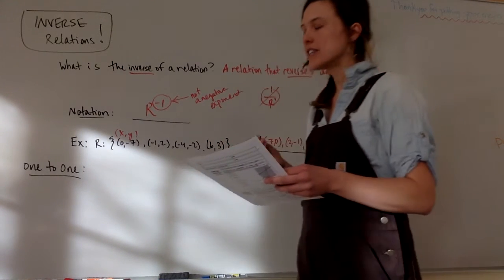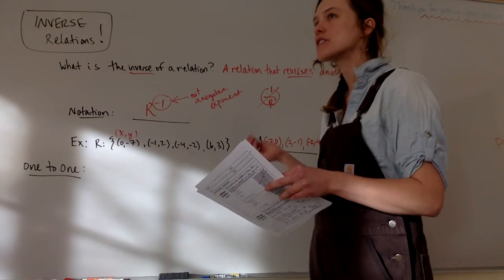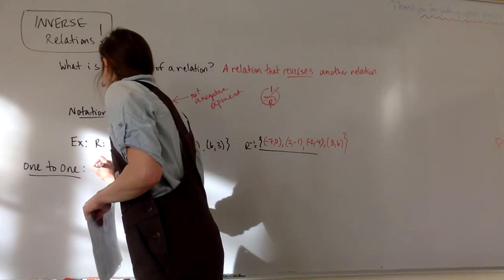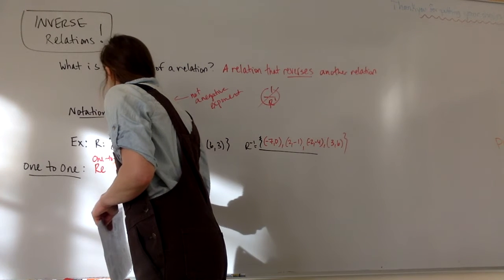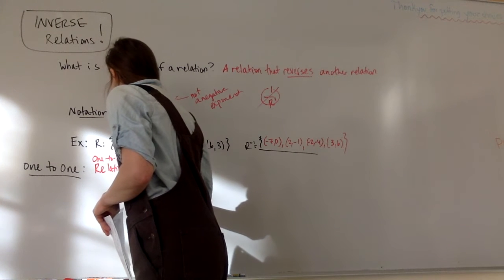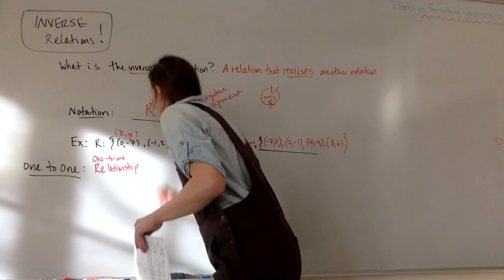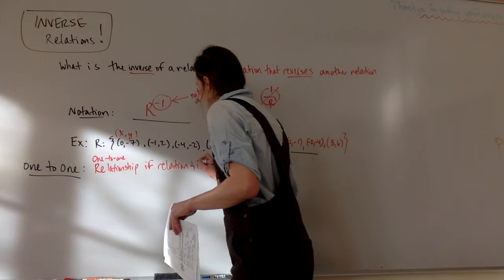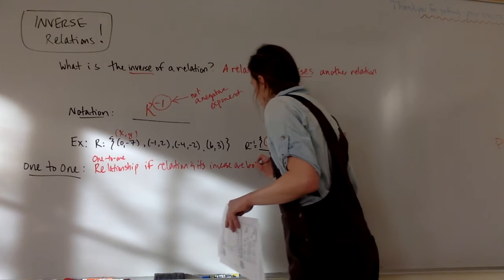So a function is in a one-to-one relationship if the relation and its inverse are both functions.